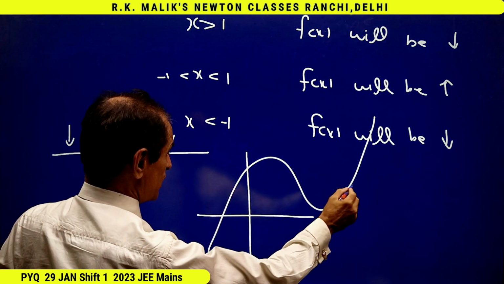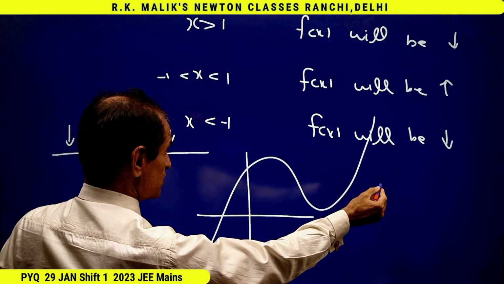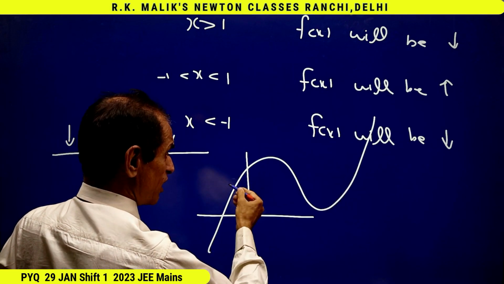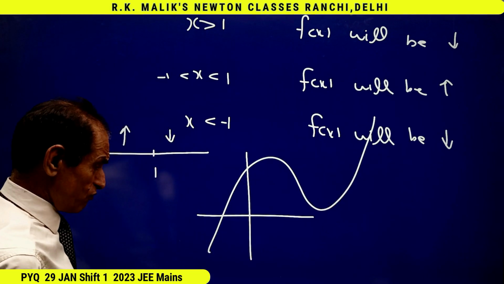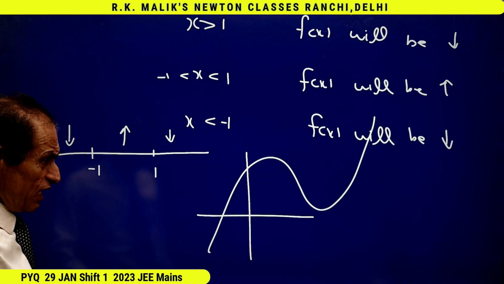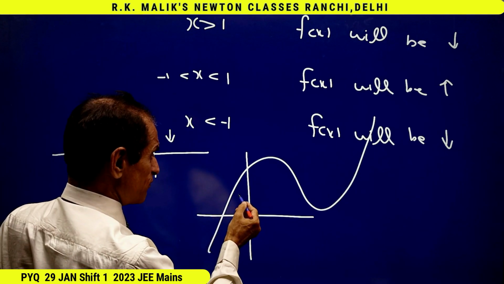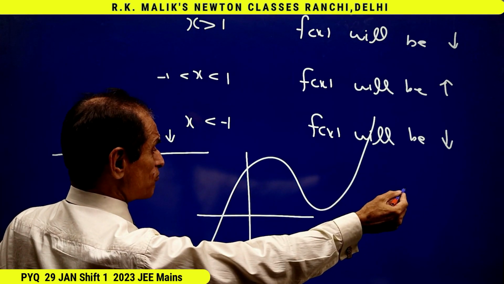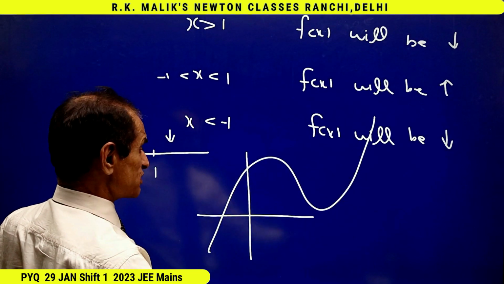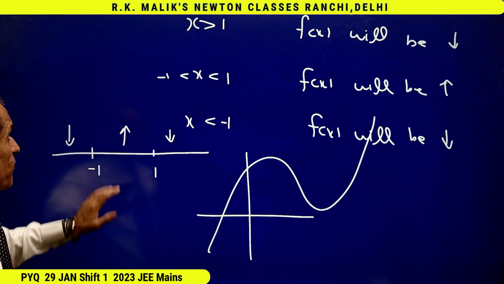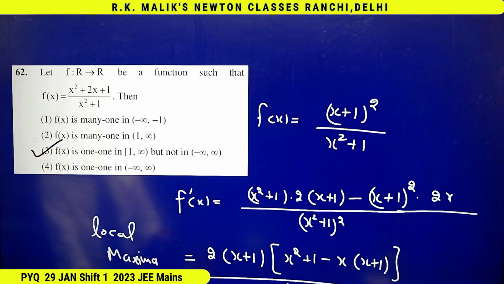Because if I draw a line perpendicular to y-axis, that line will cut the graph more than once. And if there is even one line which is cutting the graph more than once, the function cannot be one-one. Hence I can say third choice is correct.